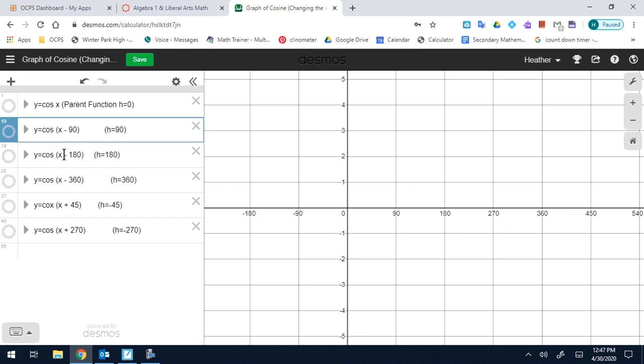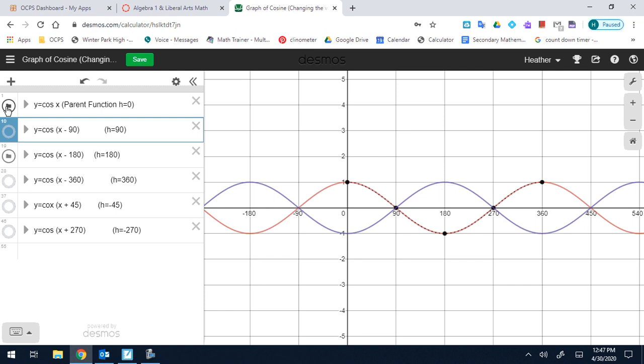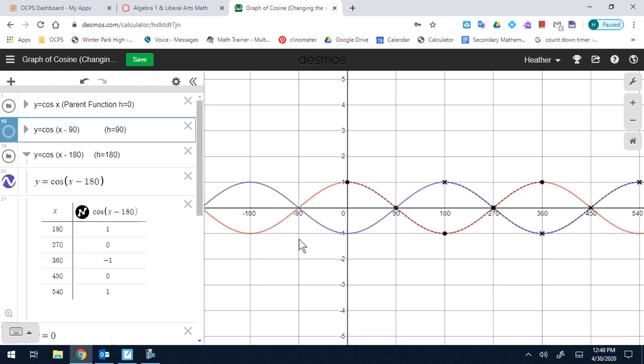All right, so this one, x minus 180, you would expect this one to shift to the right 180 degrees. So when I take a look here and I turn this on, I'm doing 0, 1. I'm adding 180 to the x. So 180, comma 1. And then 90, 0 becomes 270, 0.